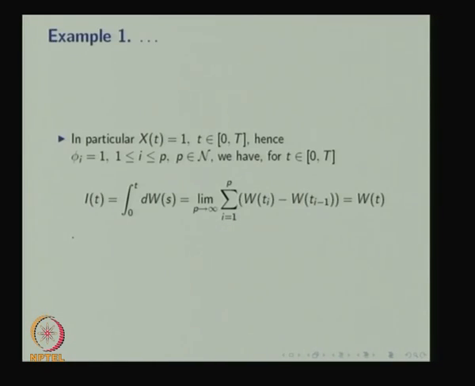In particular, if you take X of t equal to 1 for all the intervals, then psi_i is equal to 1 for all the intervals. Therefore, I of t is just the integral of 1 with respect to W_s, and you will get W_t.